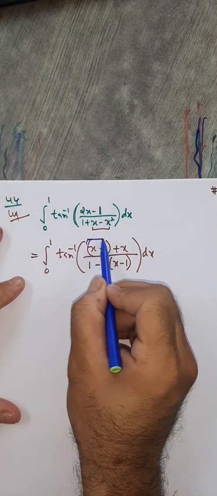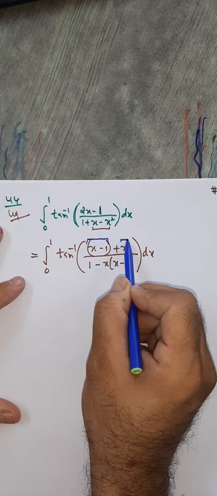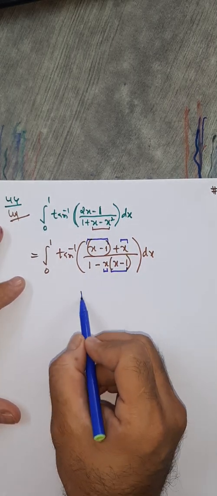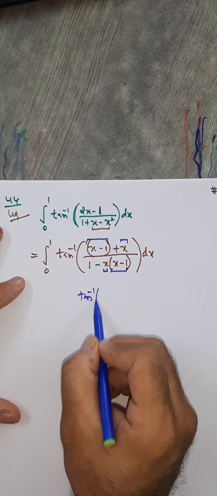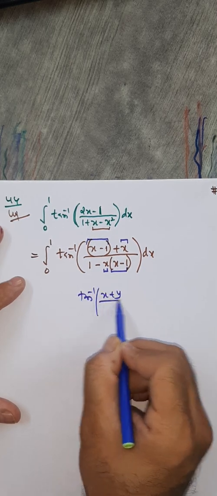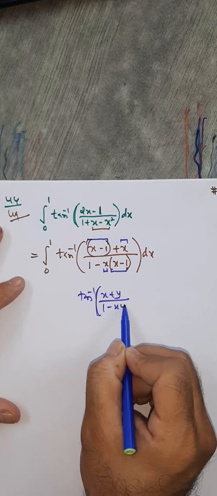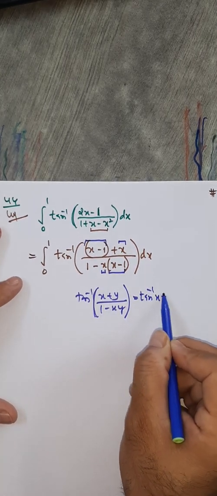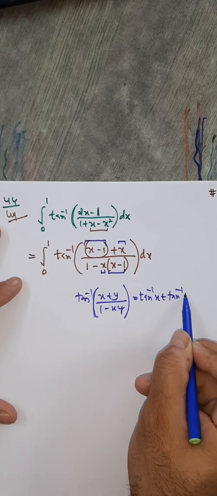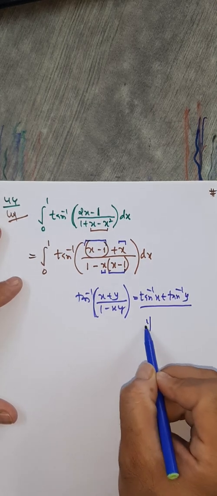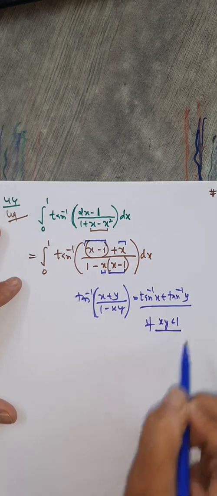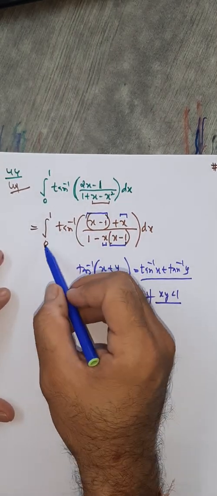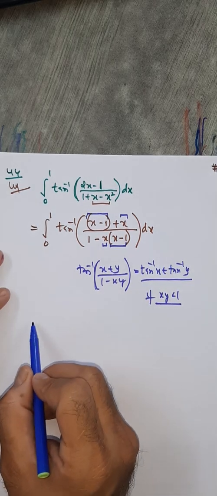This looks like x plus y upon 1 minus x into y. If you just recall this formula, tan inverse of x plus y upon 1 minus xy is tan inverse x plus tan inverse y, if the product xy is less than 1. Here both are from 0 to 1, so obviously the product is less than 1.